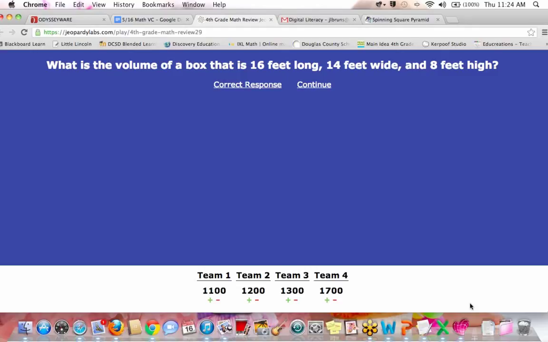Yep, so for volume, it's length times width times height, so we have to multiply all three together.